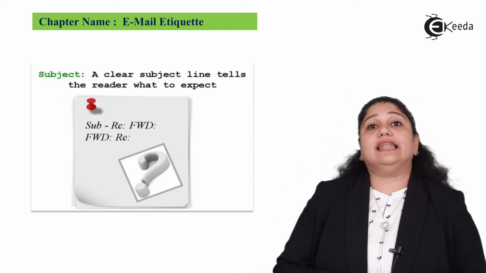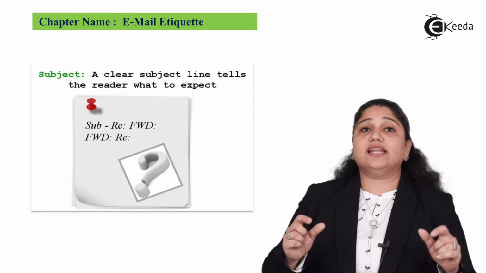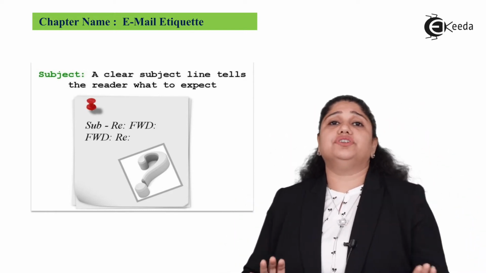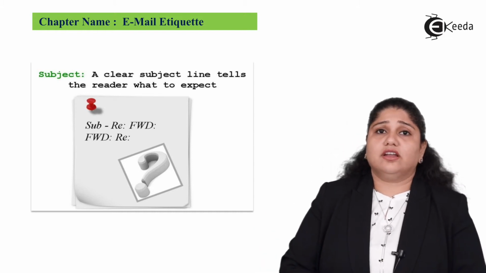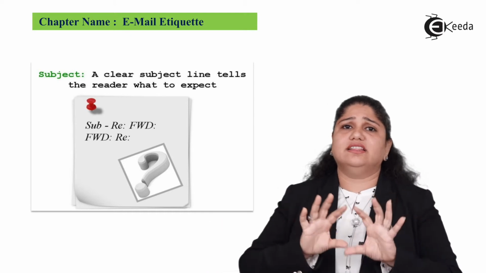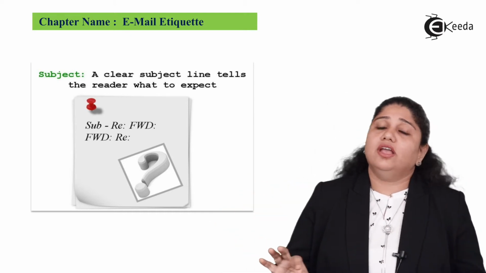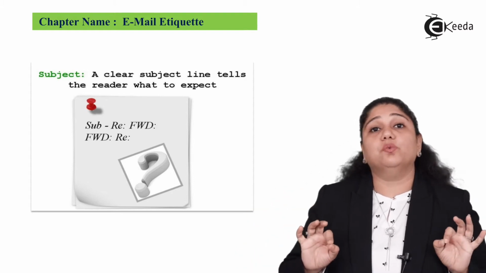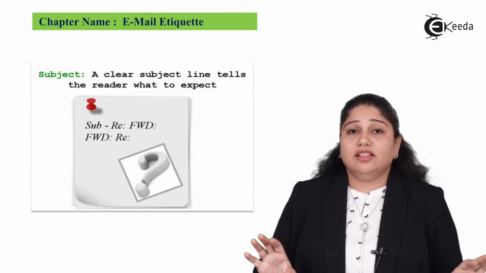Now the subject line is another key point. A clear subject line tells the reader what to expect. If I am writing a mail with a very clear subject line saying what my mail is about, the reader understands and accepts your mail in the way you want him to understand. That's very important.